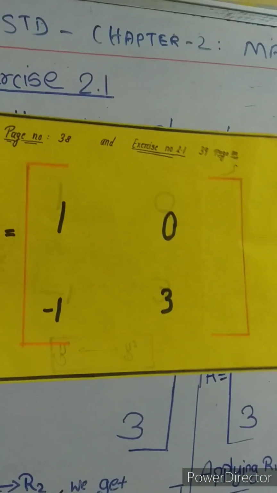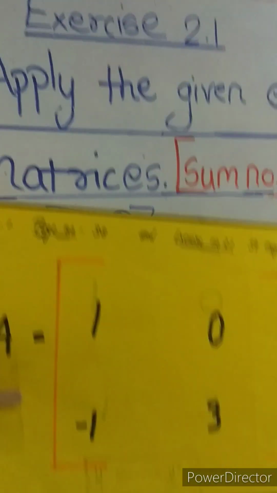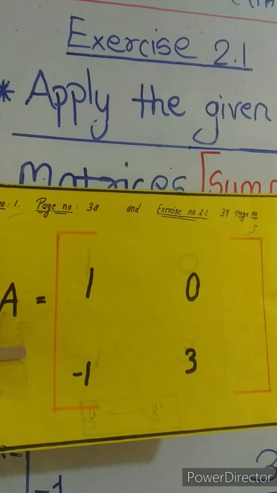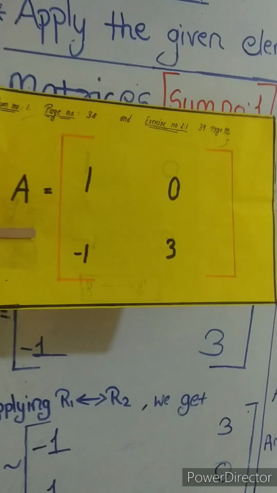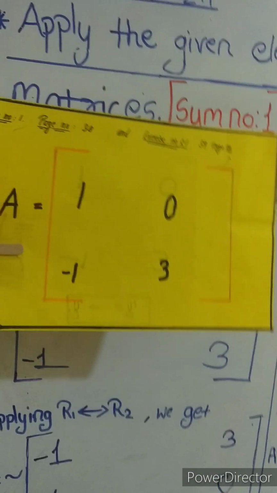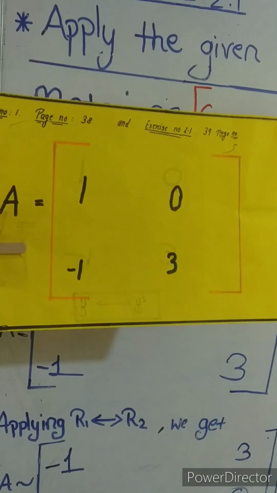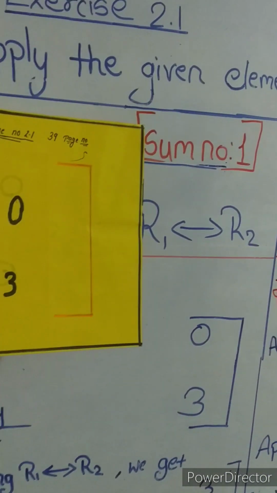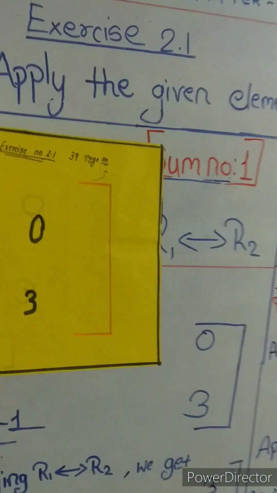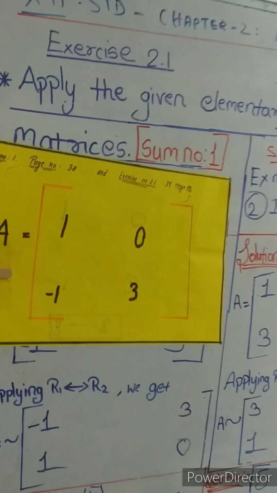Exercise number 2.1, A equal to [1, 0; -1, 3]. Now this is sum number 1, and we can change R1 elementary transformation R2. How can we change here?